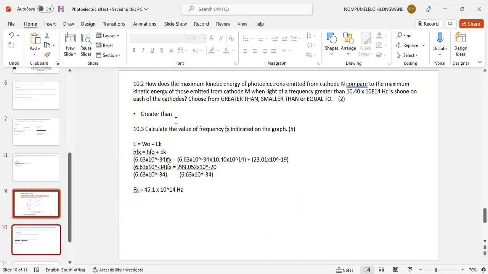Then the second question says, how does the maximum kinetic energy of photoelectrons emitted from cathode N compare to the maximum kinetic energy of those emitted in cathode M when light of frequency greater than 10.40 times 10 to the power 14 Hz is shone on each of the cathodes? Choose from greater than, smaller than, or equal to.